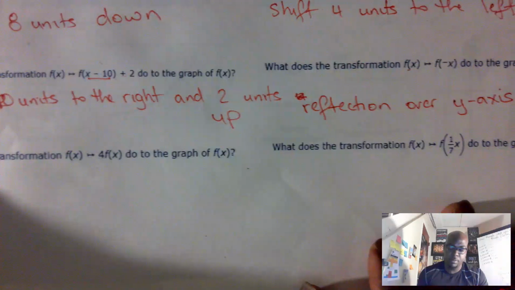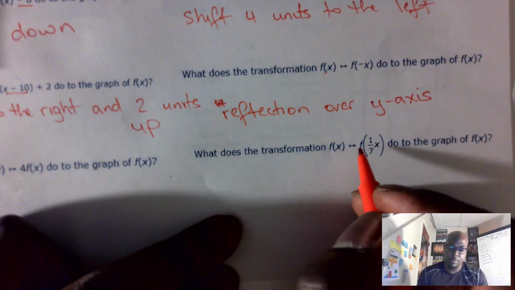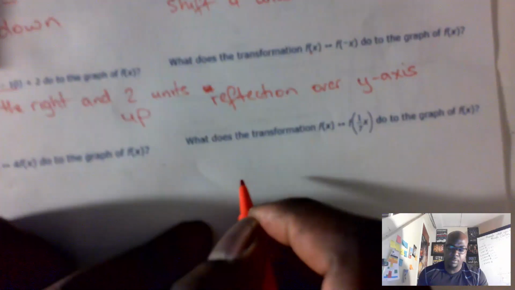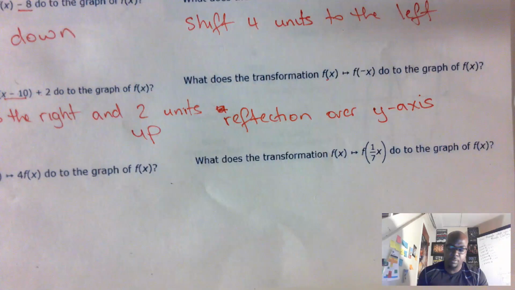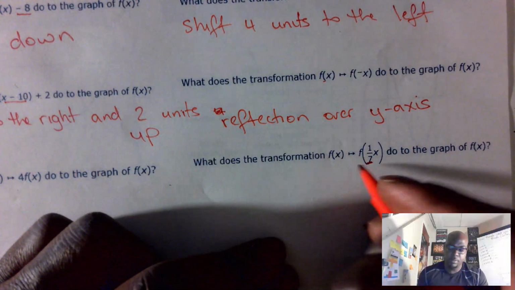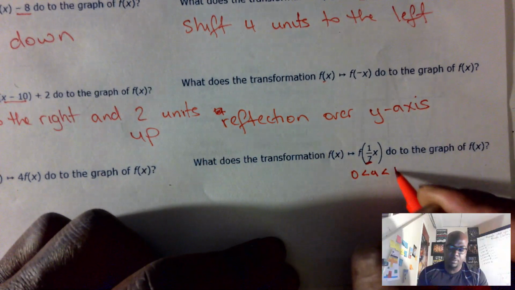Let's look at the last two. First, let's look at this one. What does the transformation f of x going to f of 1 over 7x do? Remember, this is one of those special cases where a falls between 0 and 1.